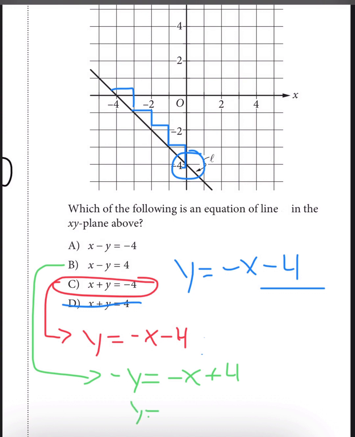Basically, y equals x minus 4. That's not right because there's a negative slope. And then let's look at A real quickly. Minus y equals minus x minus 4. That basically gives us y equals x plus 4. That's wrong because we have a negative slope and our y-intercept is negative. So that's why the answer is C.